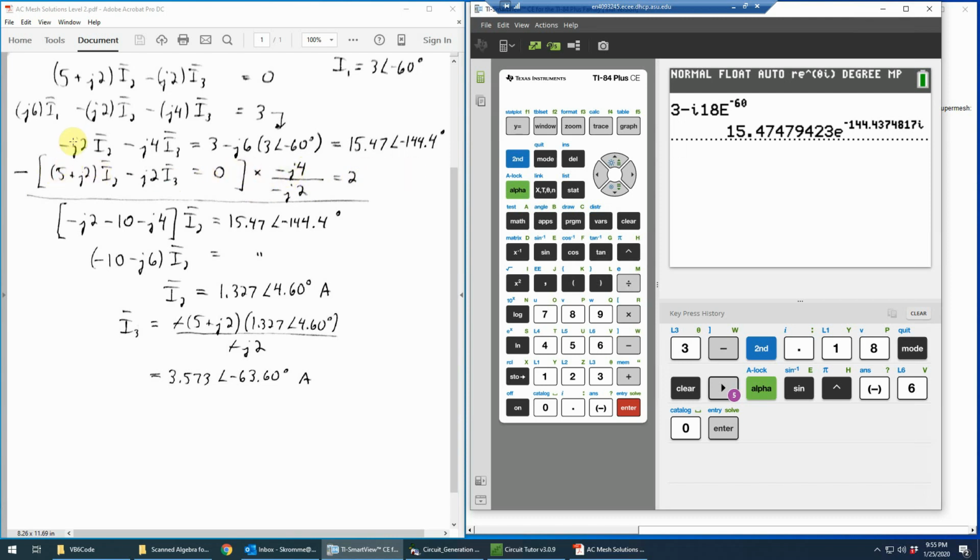And by doing that, then if I subtract this equation that's been multiplied from this one, clearly, the negative j2's will cancel out. I'll just have negative j4 here, which means that the I3 terms will cancel, just giving me an equation involving only I2, which is, of course, the goal. So doing that, then we have first the negative j2 I2, and I factored out the I2 here. And then the I3 goes away, I'm sorry, I meant.